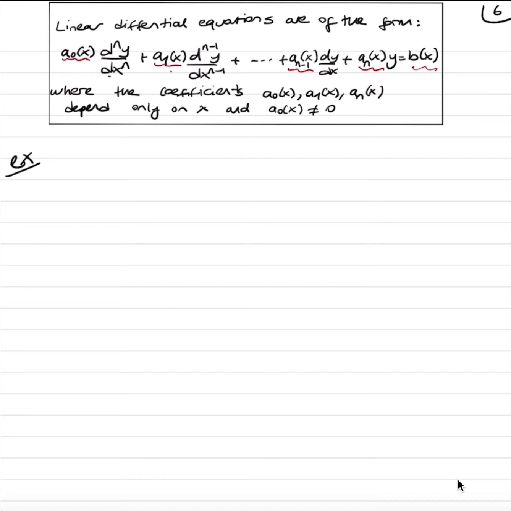So I think we are left with example number 4. Let's look at this one. We have the seventh derivative, d^7y over dx^7, to the power 5, plus 3 dy over dx is equal to 1 minus x.